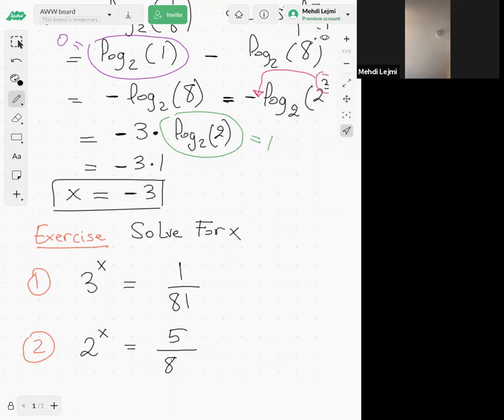Okay, so please try to solve for x, and of course, try to simplify your answer.